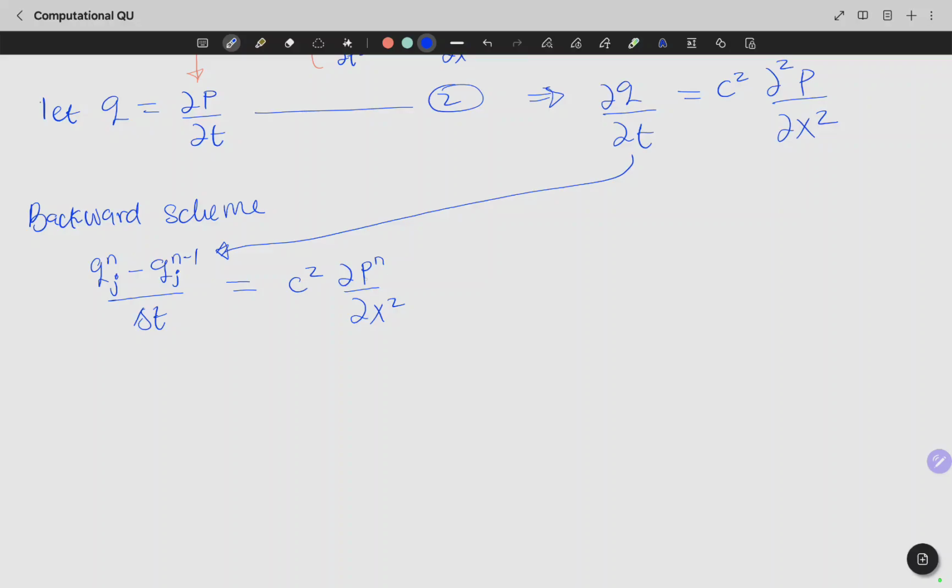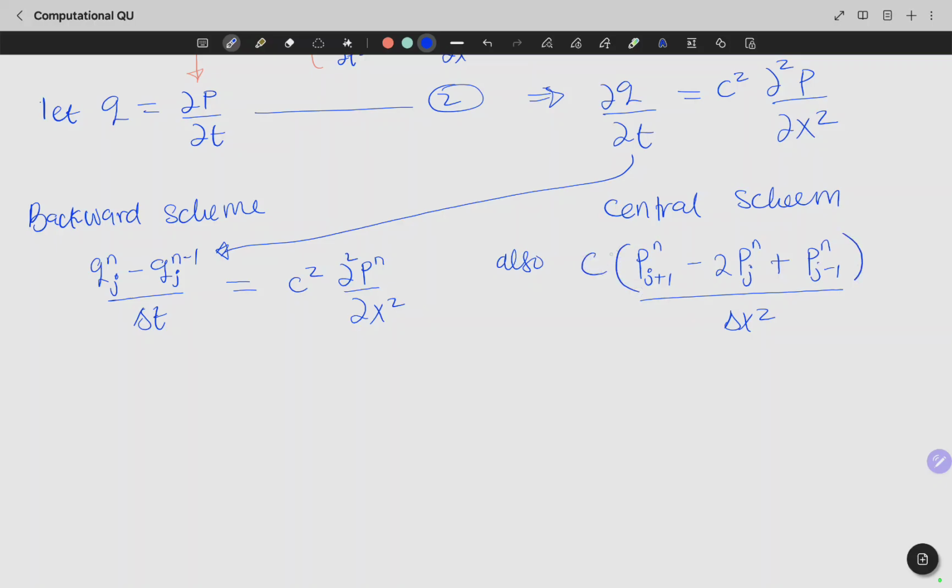But also the central scheme for the second derivative of p is p of j plus 1 n minus 2 p of j plus p of j minus 1, here all in n, over dx squared.